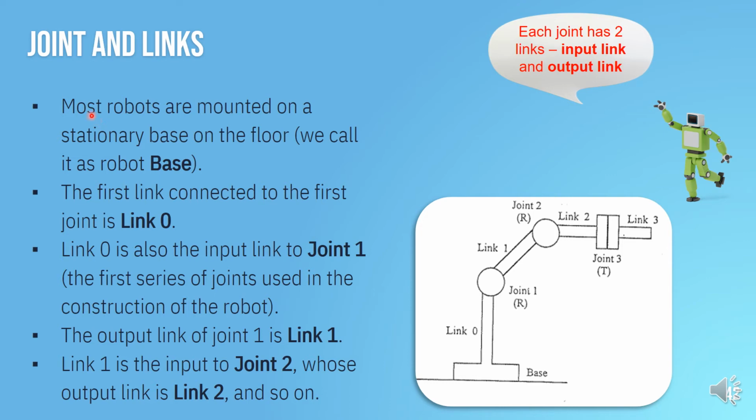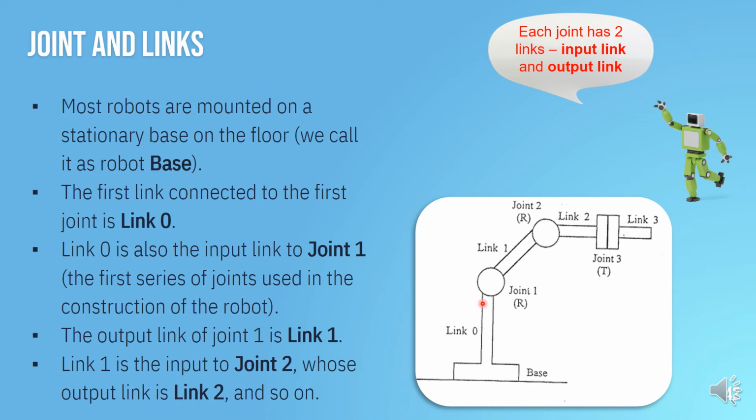Okay, so most robots are mounted on a stationary base. So we call it the robot base. So the first link connected to the first joint is link 0. So the first link which is connected to the robot base is called link 0.